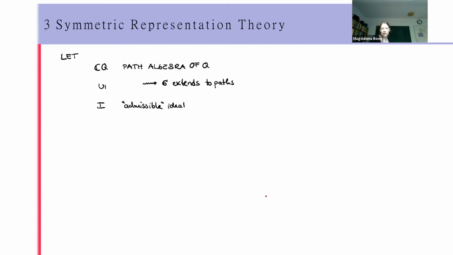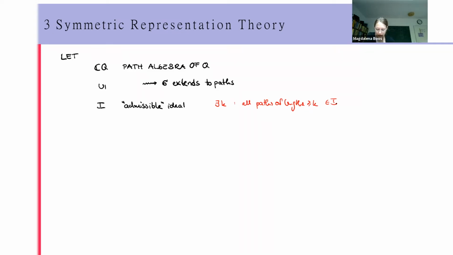And then we fix an admissible ideal. So that means, somehow like this, there is a k such that all paths from a certain length are inside of I. So we don't have infinite loops or infinite cycles anymore.